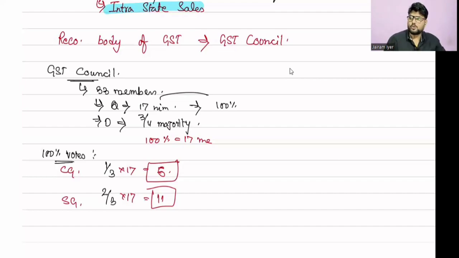If I say state people, please show your hand, I can count the number of state people raising their hands. Then how many of the center are in favor of it? Now I add the total, that is the 100%. Now I will check whether 1/3 is of the union or not, or 2/3 is of the states or not. Correct. Don't get confused. It's as simple as that.